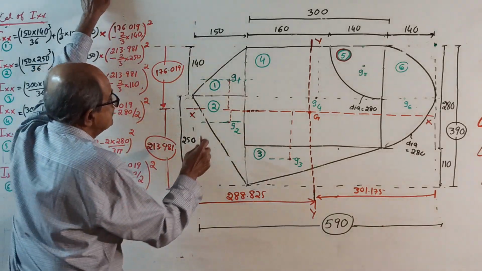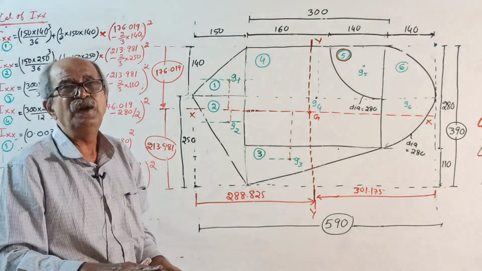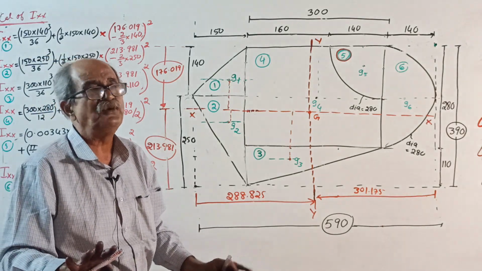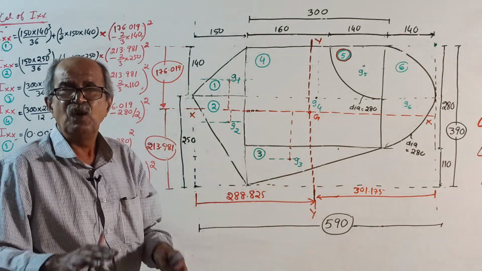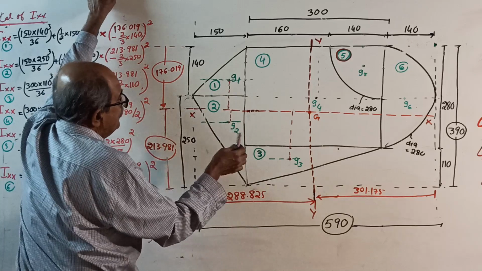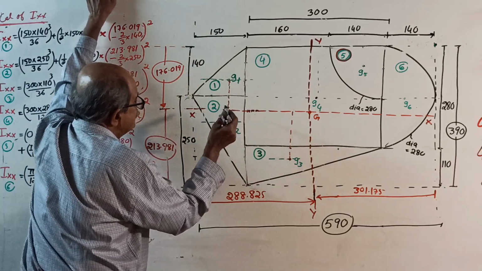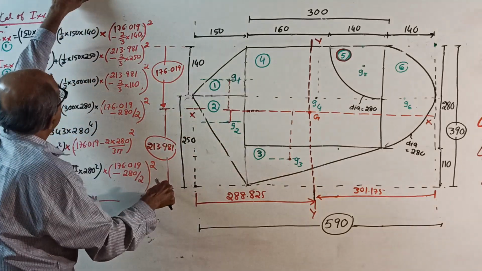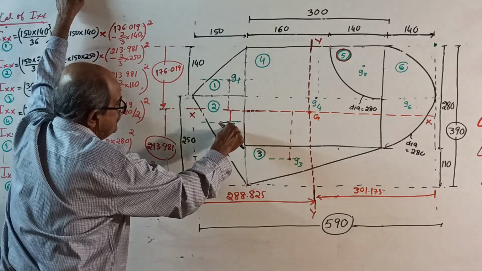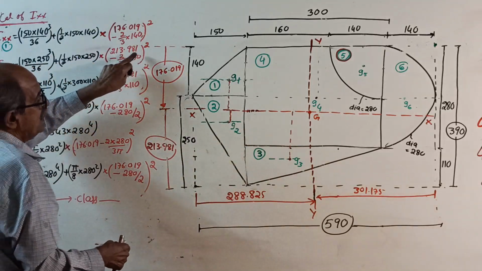If somebody asks, sir, why you are cubing 250, leave my class, don't attend any of my classes in future. I will tell you are not serious. Okay. 150 into 250 cube by 36 plus area into, see, from G2 to XX, this distance square is 213.981 minus this distance, which is 2/3 of 250, whole square.